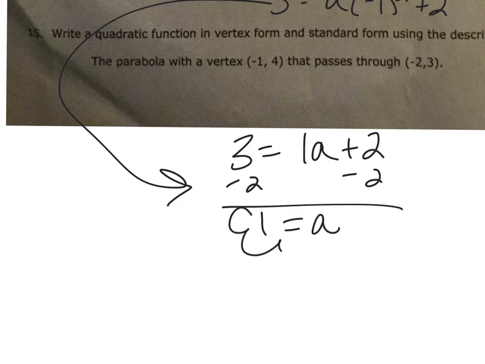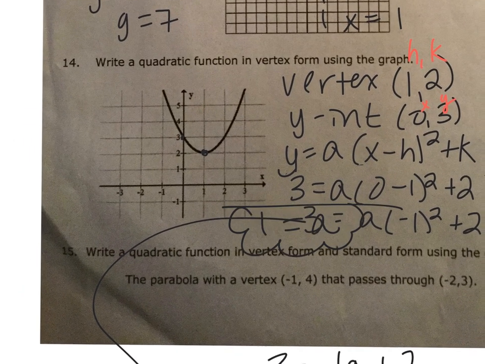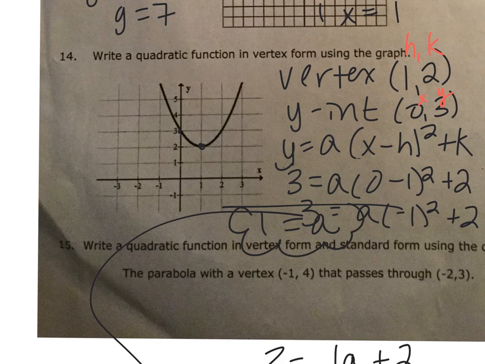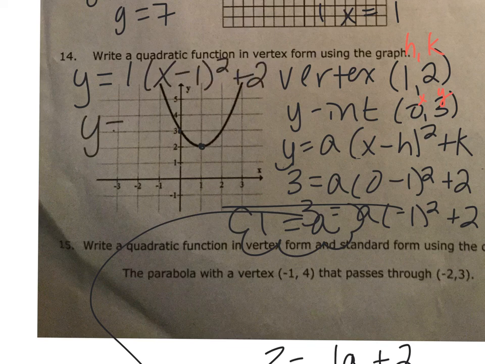Okay, so in this case, it's 1. So it does work out that your vertex form is, write it up here, y equals 1 times x minus 1 squared plus 2, which you just write as y equals x minus 1 squared plus 2.